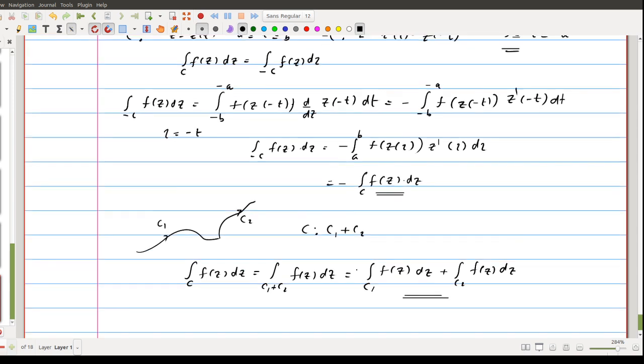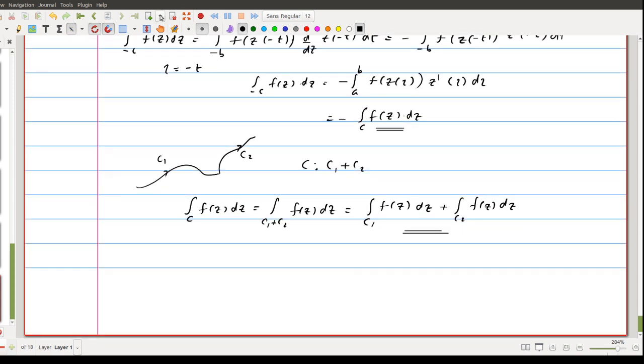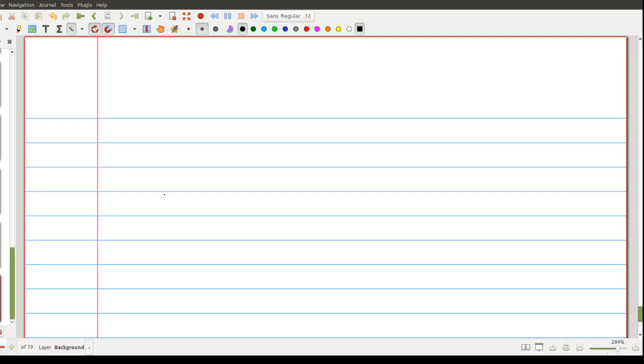Our intention is to evaluate the integrals of this type. Okay, so first of all we have example 1, that is, I is equal to the integral over C of z conjugate dz, where C is the curve z equals 2 times e to the power i theta, where theta varies over minus pi by 2 less than or equal to theta less than or equal to pi by 2.